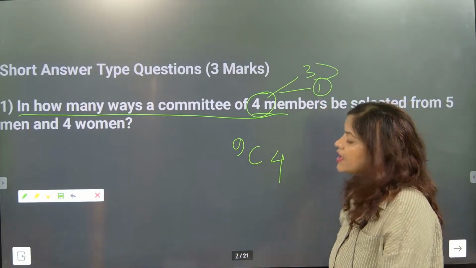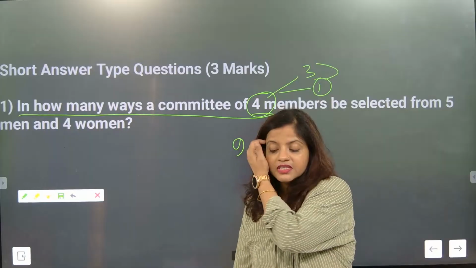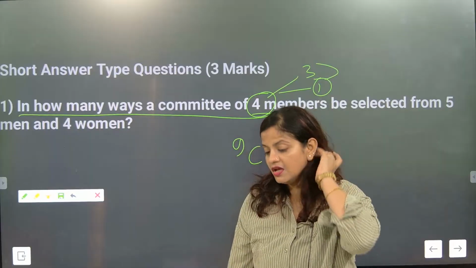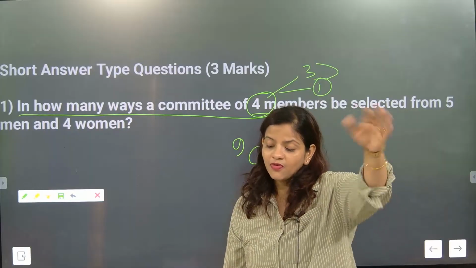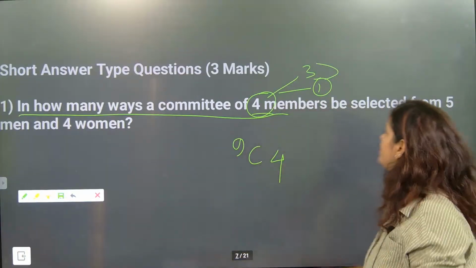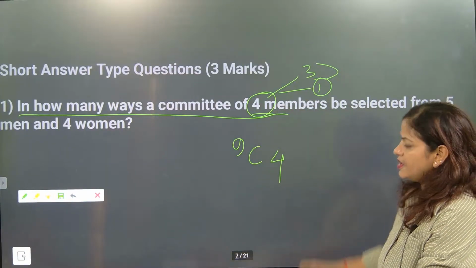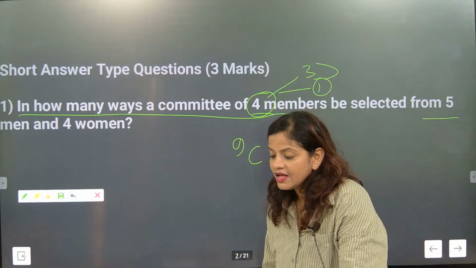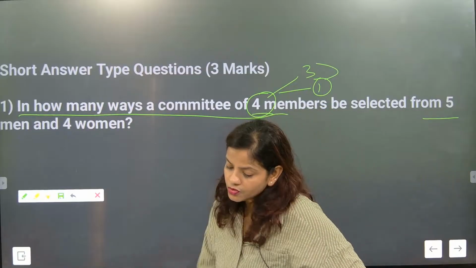When you join together, four members are coming. But beta, this is arrangement and selection. We are arranging three places for male and one place for female. Out of how many female? Four women. So definitely, this is the most important part.